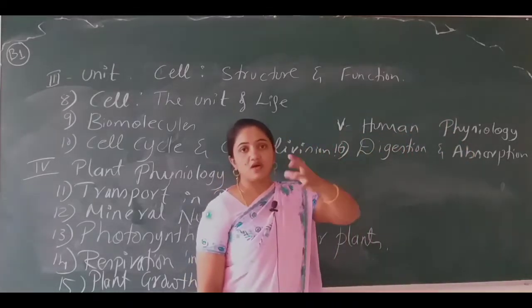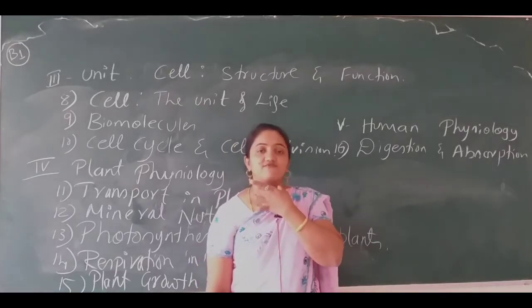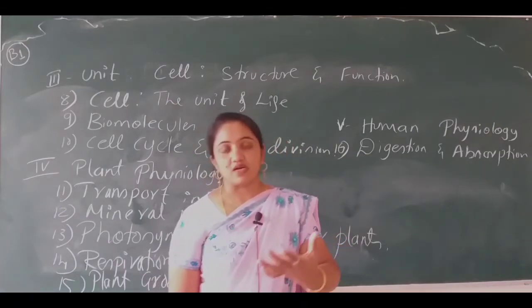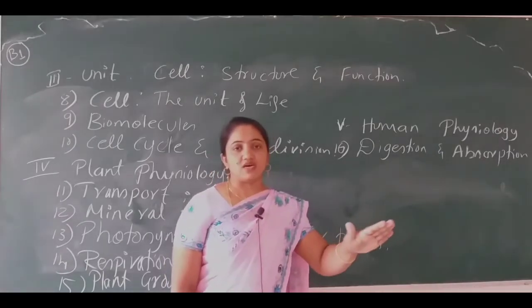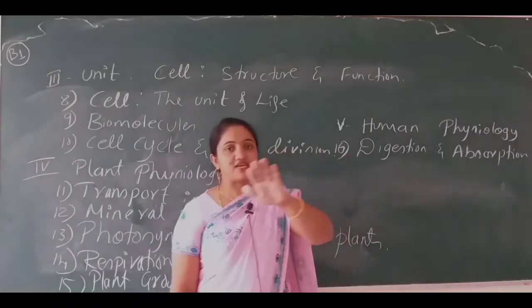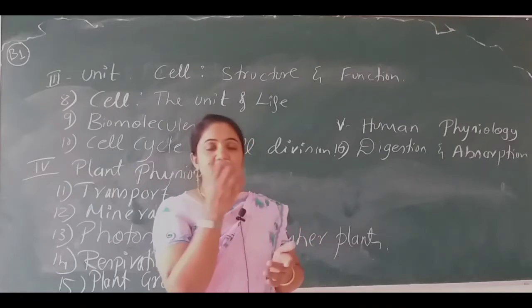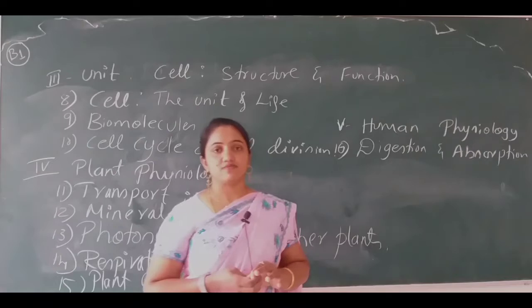Right from the oral cavity, then pharynx and esophagus and stomach. From the stomach it reaches the small intestine and large intestine, and finally the waste material is excreted from the body in the form of stool.